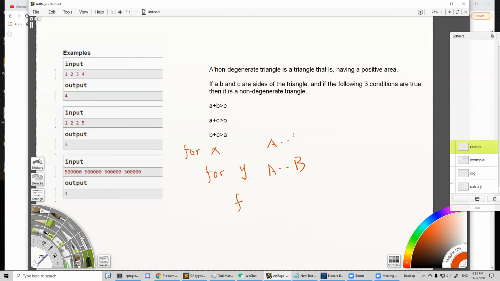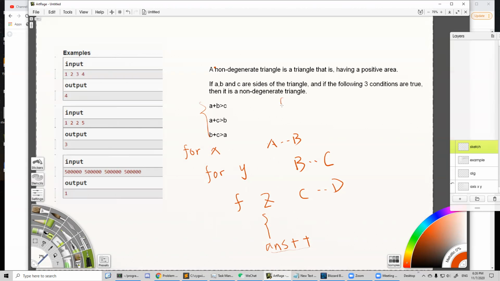The first side must be A to B, the second side is from B to C, and the third side is from C to D. So we check each of the three conditions, and if all of them are met, then we increase the answer by 1, right? If we iterate all those possibilities, we can get the final answer.